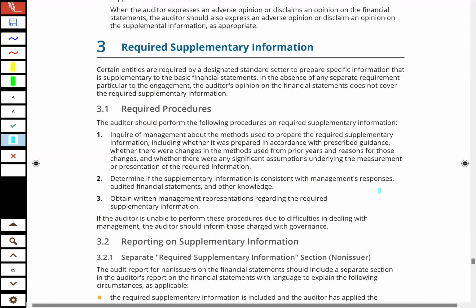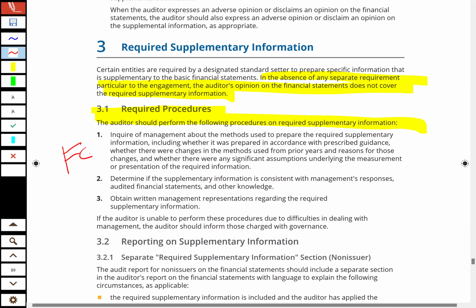Okay, so let's go ahead and see what the required procedures are. In the absence of any separate engagement requirement, the auditor's opinion on the financial statements does not cover the required supplemental information, unless we're asked to do that. But we still have the following required procedures, and this is on all financial statement audits.